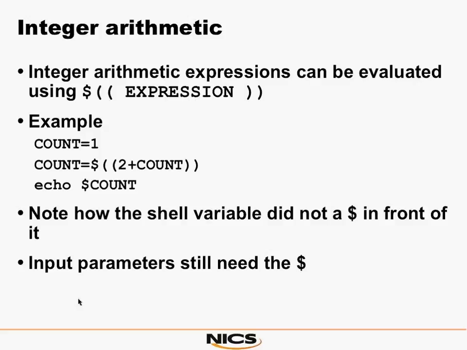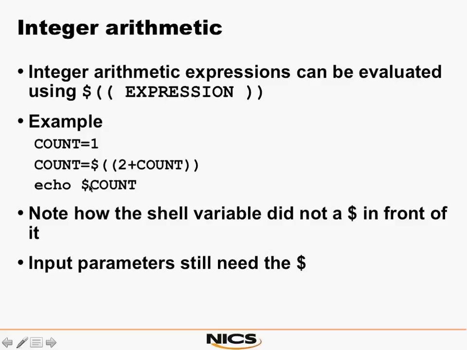The shell can also do integer arithmetic for you. Basically what you would do is use the $ sign, and this time we'd have two parentheses around the expression. For example here, I said count equals 1, and I just want to add 2 to it. So I say count equals, evaluate this arithmetic expression, 2 plus count.